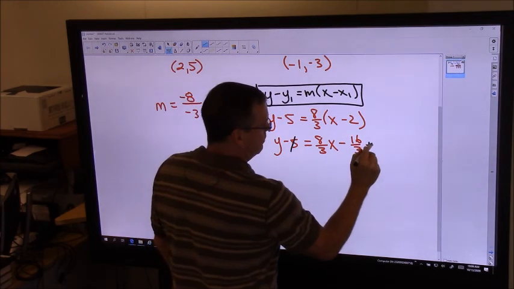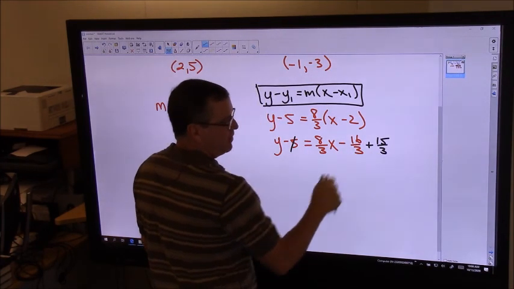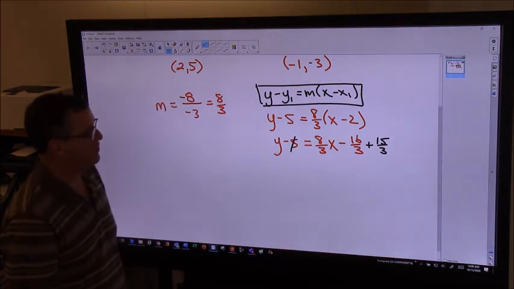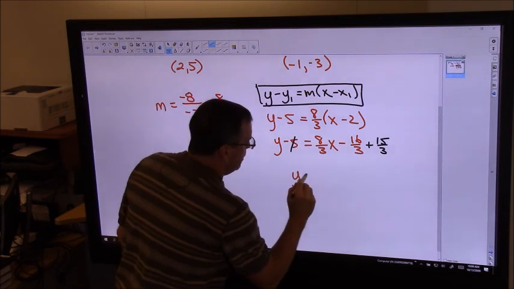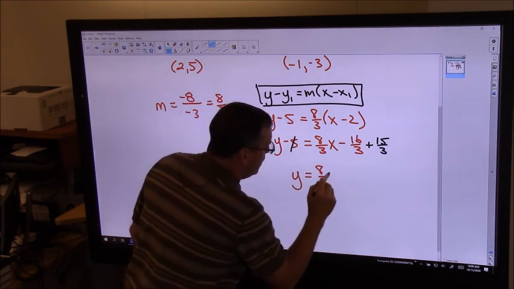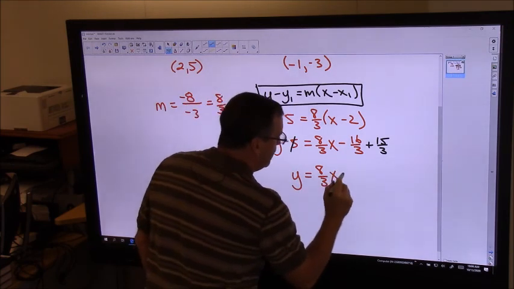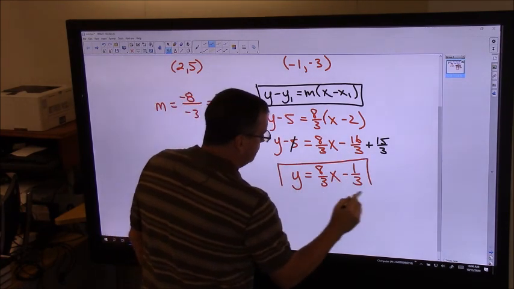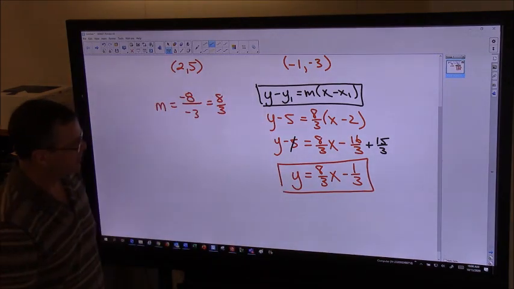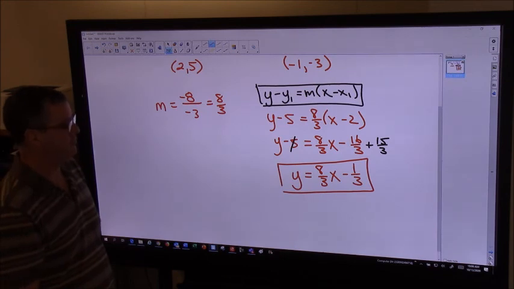When I add 5 over here, I'm going to write it with a common denominator. Right? 15/3 is equal to 5. And so now my equation is going to be y equals 8/3 x, negative 16 plus 15, that would be a negative 1. There's my linear equation with those function values.